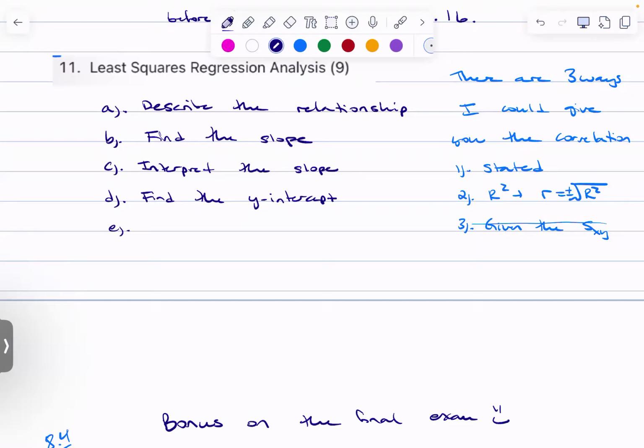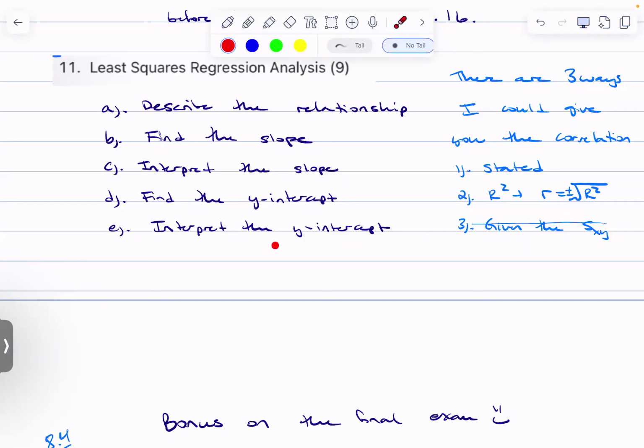Then, any guesses? Interpret the y-intercept. Often I like to throw in, is it meaningful? Right? That's more of a nudge in the direction of, okay, well, what's the interpretation of the y-intercept?